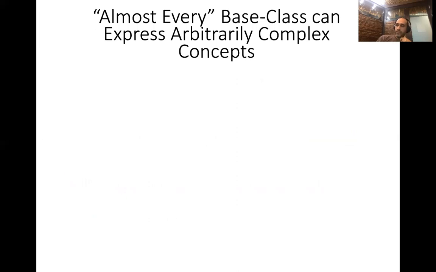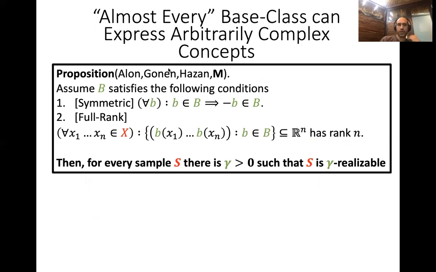Now the first main result in this context, which is very simple but I think important, is that almost every base class can be used in boosting to express arbitrarily complex concepts. More formally, assume B satisfies two very easy to satisfy conditions, which I will tell you soon. Once it satisfies these mild conditions, then for every sample S, there exists some positive gamma such that S is gamma realizable.